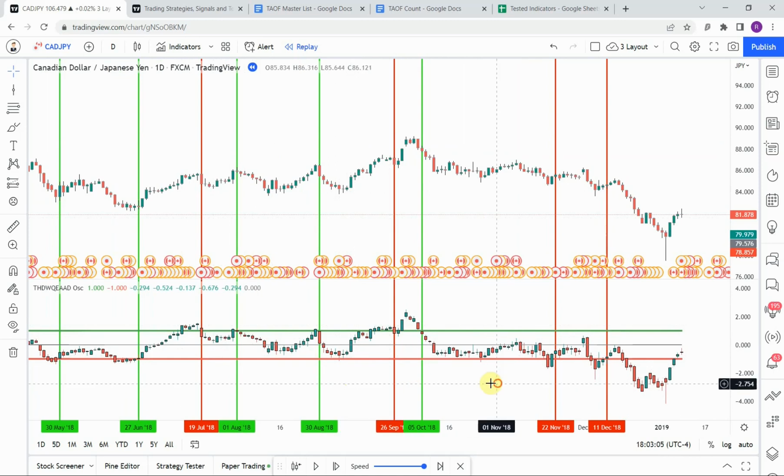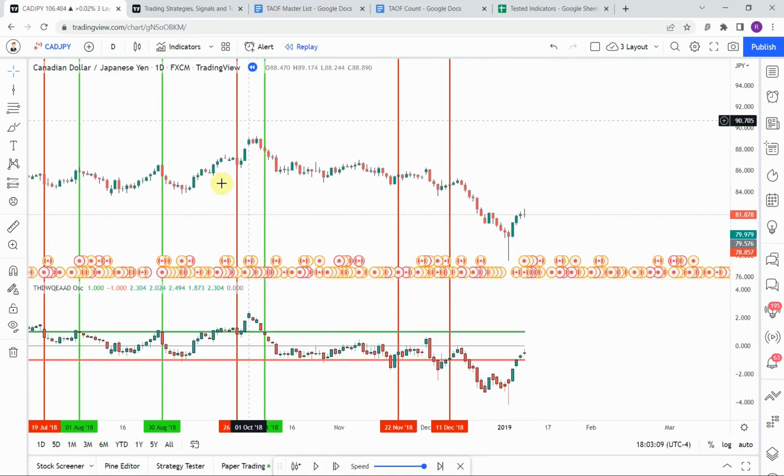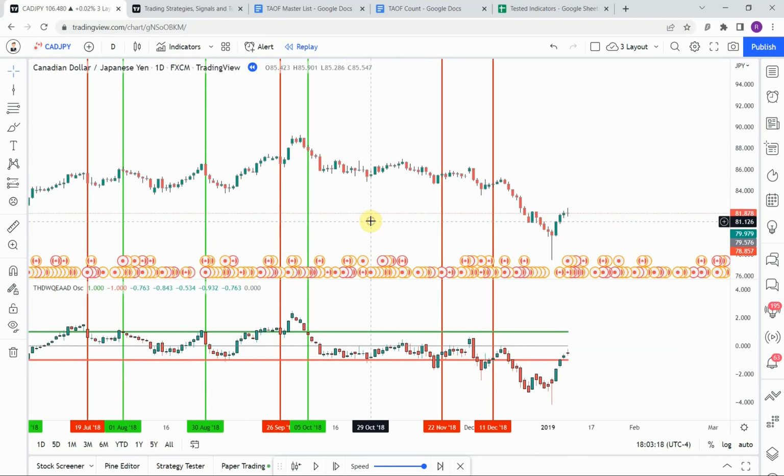And so that can be problematic sometimes. You really want your indicator to be able to identify all those really far peaks and spikes to the upside, spikes to the downside, those peaks and valleys. And so, yeah, not a horrible indicator, but not great either.